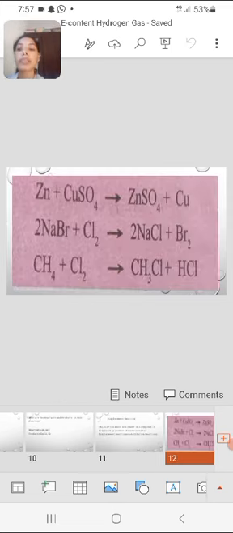Okay, can you say some other examples of displacement reaction? The examples are Zn plus CuSO4 gives ZnSO4 plus Cu. 2NaBr plus Cl2 gives 2NaCl plus Br2.